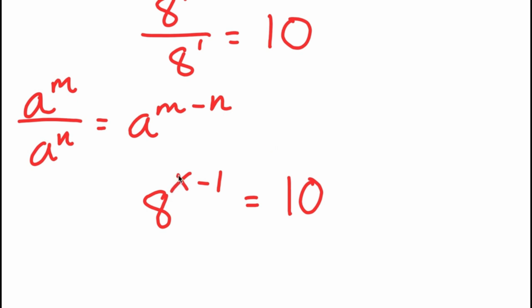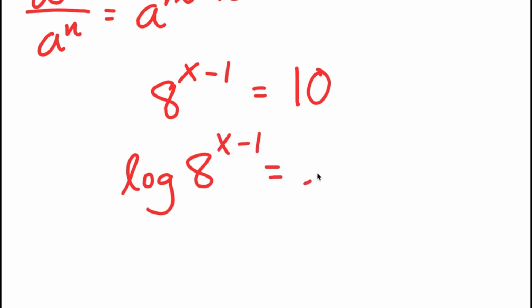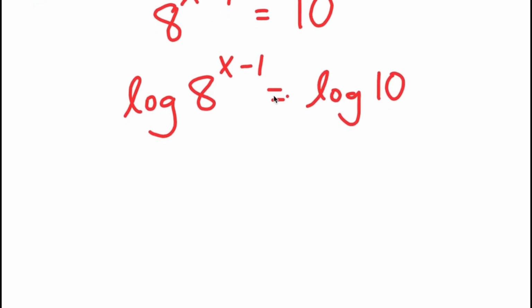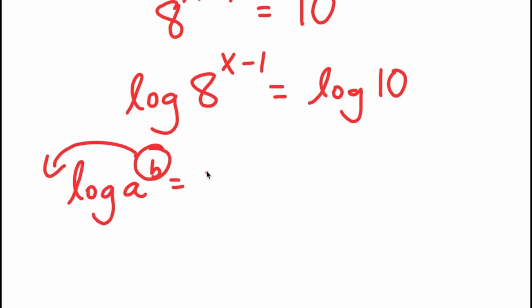Now from here, I'm going to take the log on both sides. So I get log of 8 to the power of x minus 1 is equal to log of 10. And the reason I take the log on both sides is because now I can use the property that states that if I have something in the form log a to the power of b, I can move this exponent b to the front, so it's going to equal b times log a.